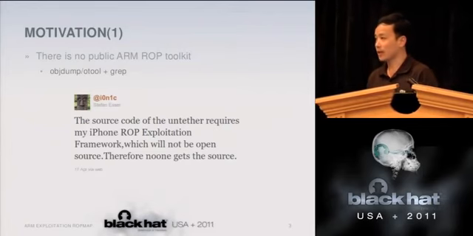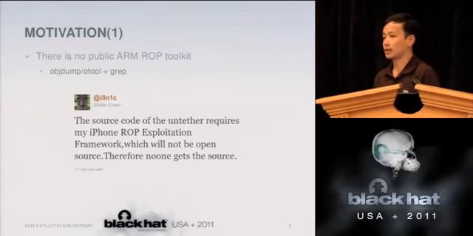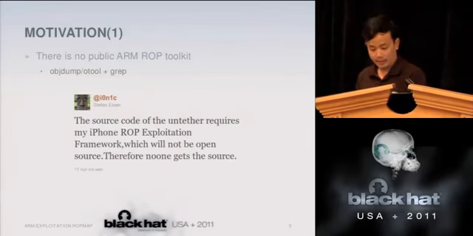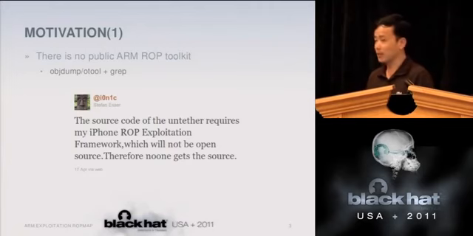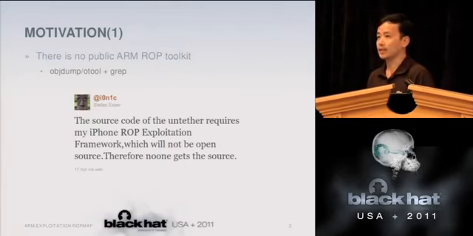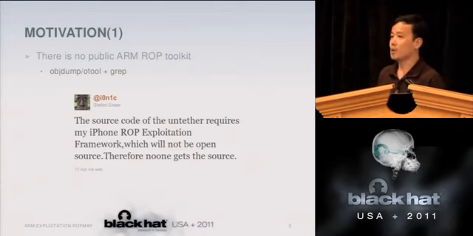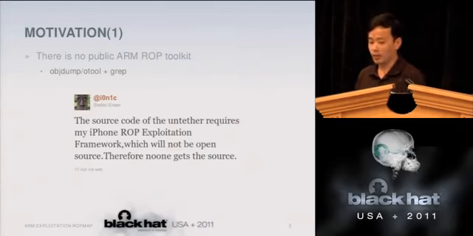But actually, there is no public toolkit for ARM architecture. One of the problems with the x86 ROP toolkits is that they stick with x86 dependencies, like relying on the Immunity Debugger backend. So porting that toolkit to support ARM architecture will not be easy and will take time.